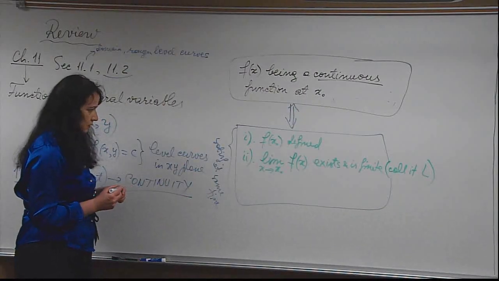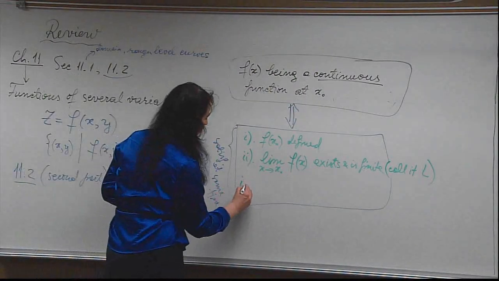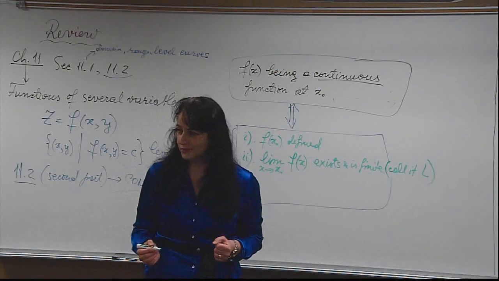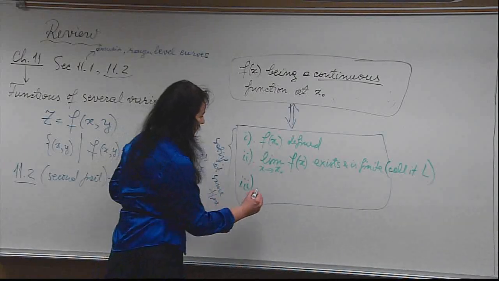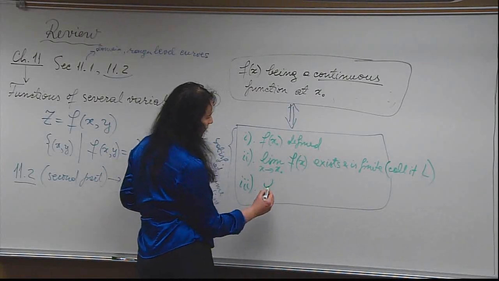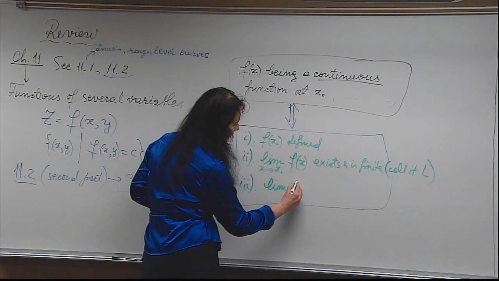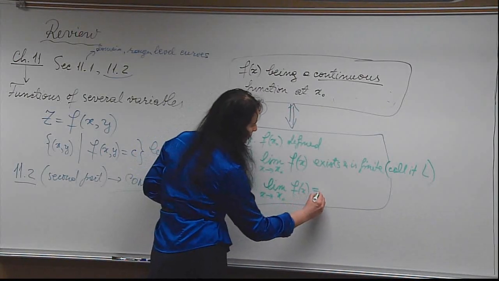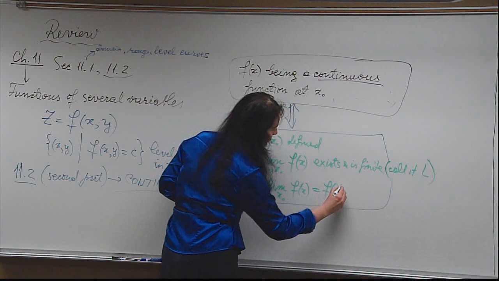Function value equals the limit. Yes, sir. That's the last thing, and I'm glad I didn't have to pull the truth out of your mouth. So the limit of f of x when x goes to x0 equals f of x0.